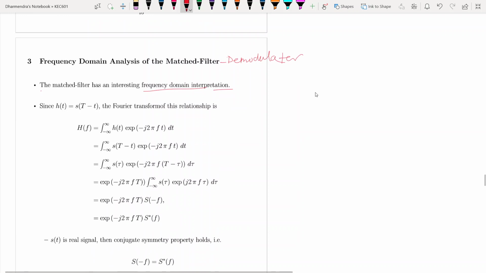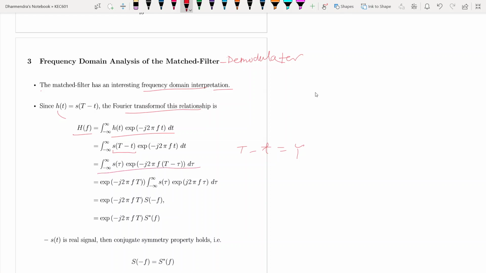Since h of t is equal to s of capital T minus t, calculate the Fourier transform of h of t. Substitute h of t equal to s of capital T minus t. Now change the variable: capital T minus t is replaced by tau, and after manipulation I will get this one.